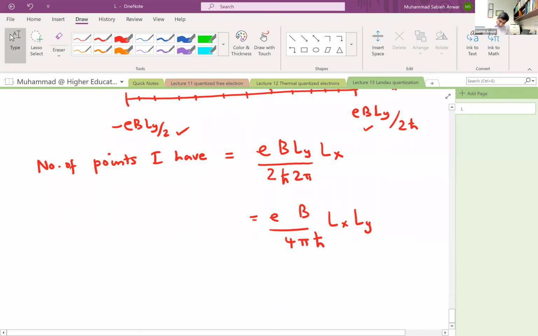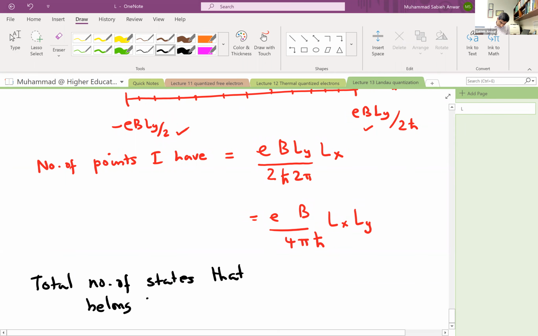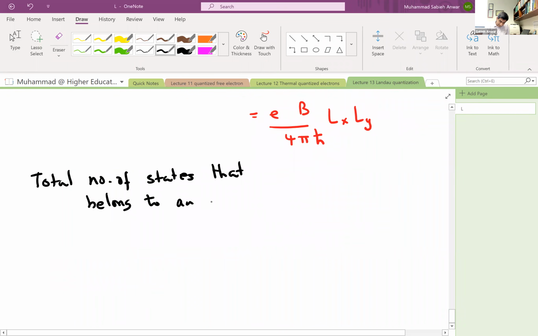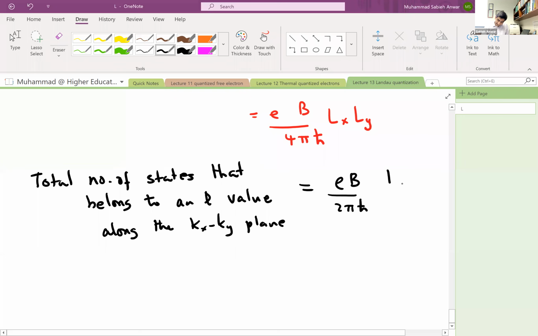So the total number of states that belong to an L value along the kx, ky plane is going to be twice of this, which is eB over 2 pi h bar, times Lx Ly. And this h bar is the reduced Planck constant. I can make this eB over h, Lx Ly.